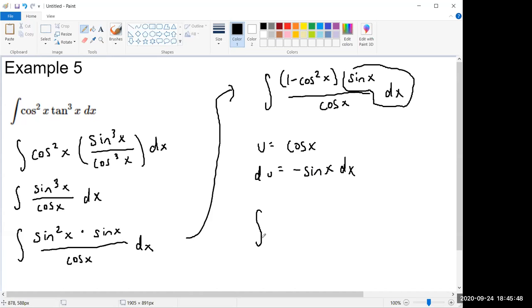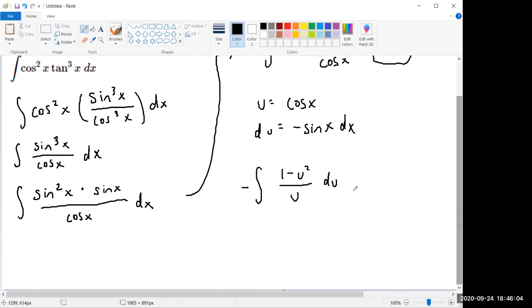So now this becomes 1 minus u squared over u, and then sine of x dx is du, but without the negative sign. Okay. All right, and then this should be something we can integrate. So we can rewrite this as 1 over u minus u squared over u, right? That's the same thing.